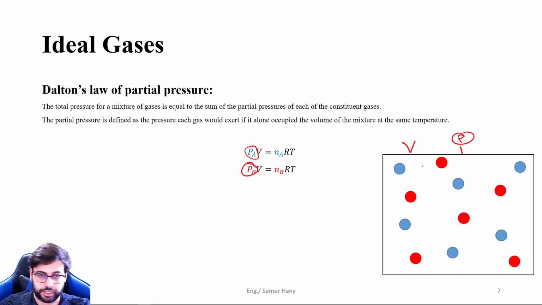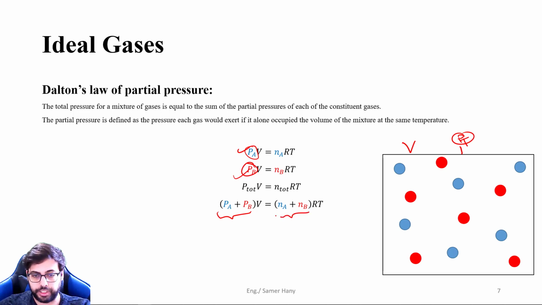And if both gases are present at the same time, this will be the total pressure, not PA or PB, but the sum of PA if it was present alone in that container, plus PB if it was present alone in that container. All right. So that's what Dalton is basically saying.